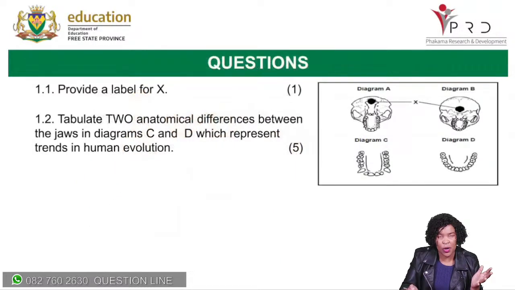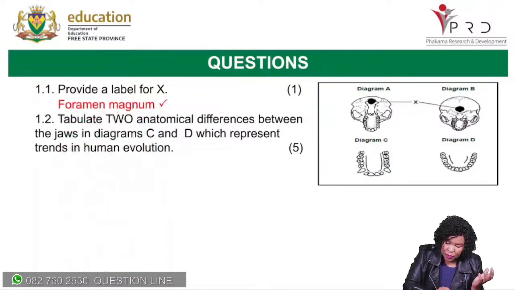Then you will get questions such as this one. It will say to you, provide label for X. Then you must say, what is X? Remember, we said it is the foramen magnum there. And then tabulate two anatomical differences between the jaws in diagram C and D, which represent the trends in human evolution.